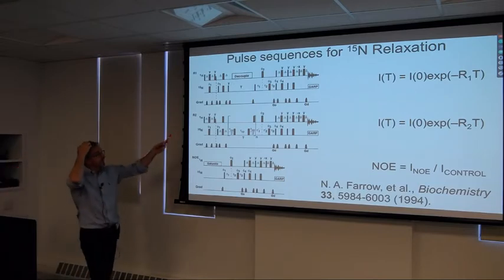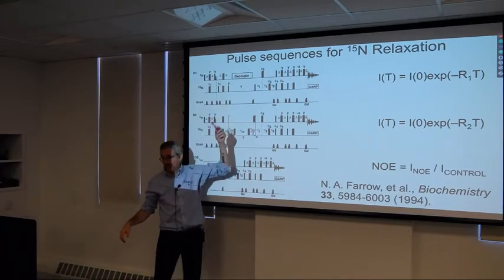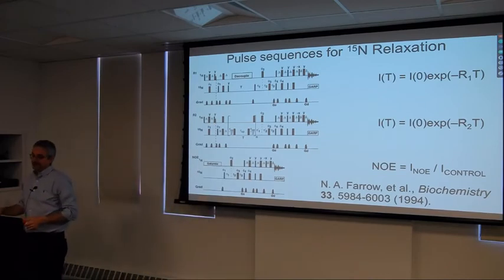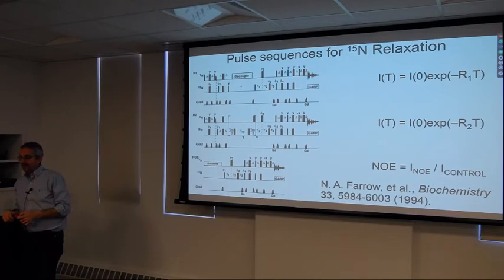So in this block called decouple are proton 180-degree pulses, usually separated by 1/J, so about 11 milliseconds for nitrogen. And that's to eliminate cross-relaxation between the nitrogen and the hydrogen.